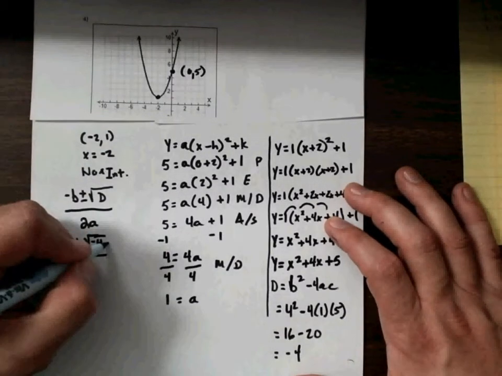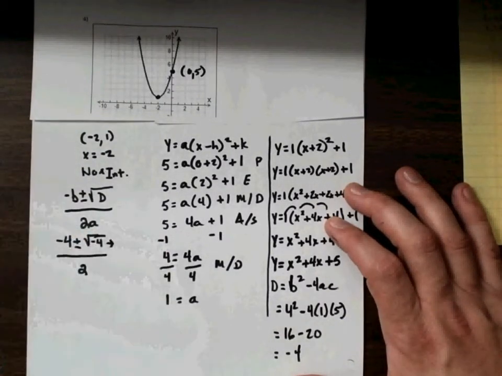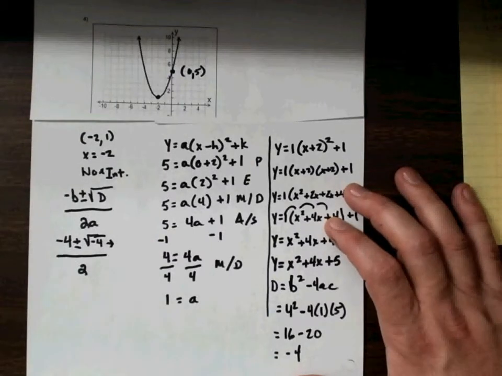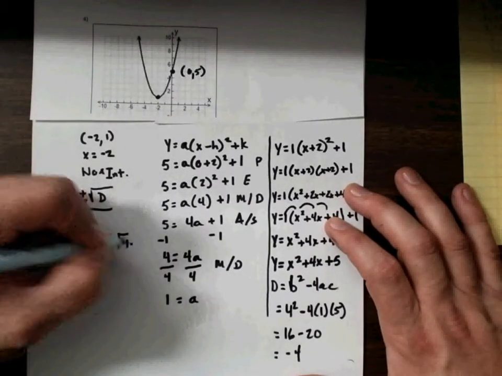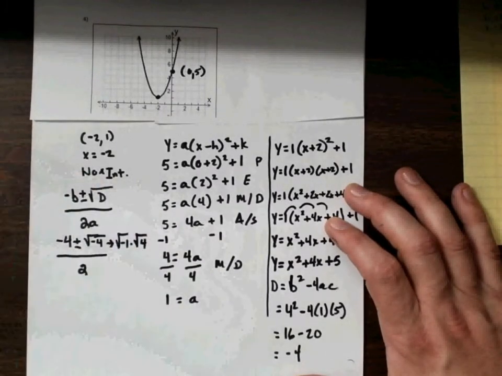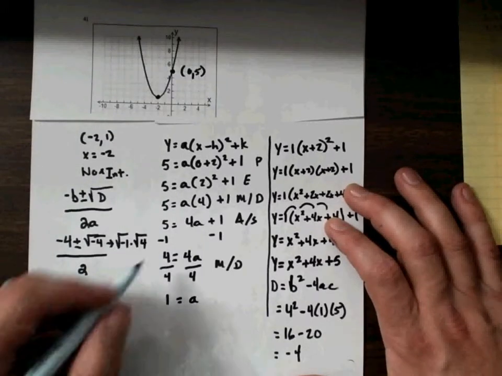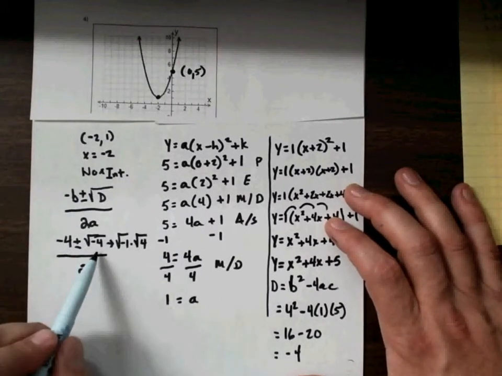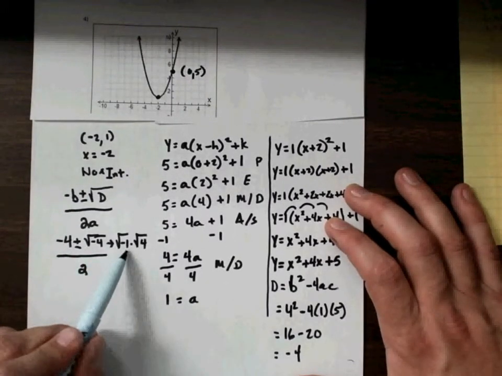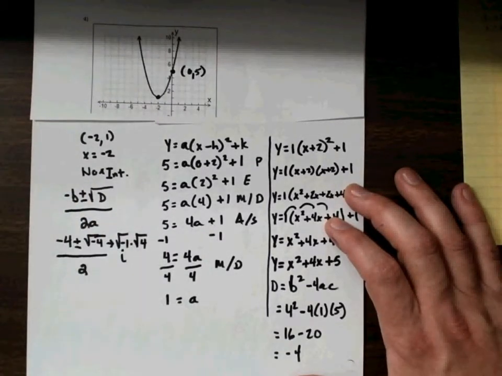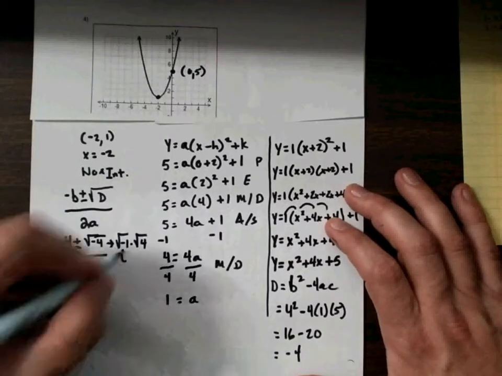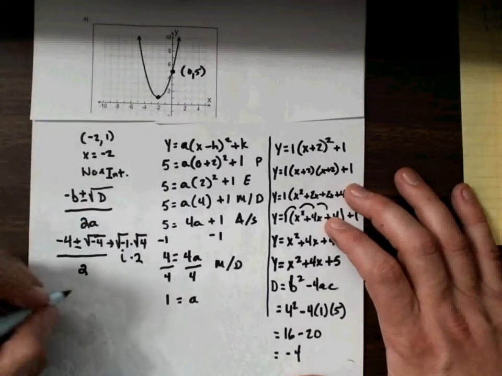Okay? Now, how does this simplify? What do I need to factor out of it first? The negative 1, right? I need to break it apart to that right there. These two radicands multiply together, they give you negative 4. And so that takes care of my i, and what's the square root of 4? 2.